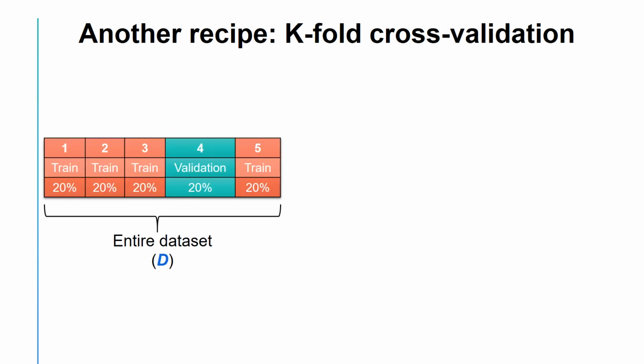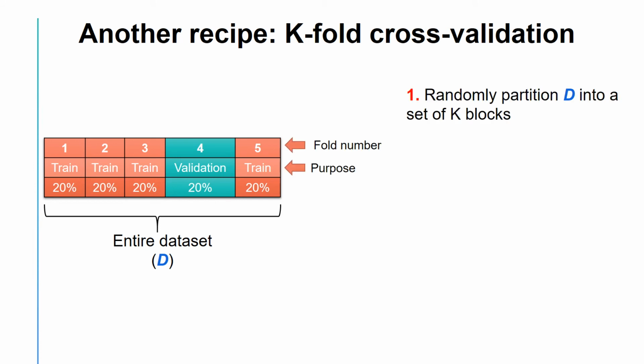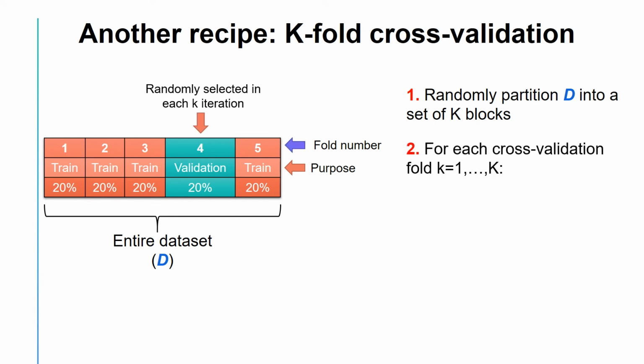We can do a little better than that. We can perform what is called k-fold cross-validation. The idea is very simple. We have our initial training data D, and we divide it into a set of k blocks or folds. For this example, let's say we use k equals 5. Each time, we hold out one of the folds to be a validation fold, and the remaining folds are used as training folds.